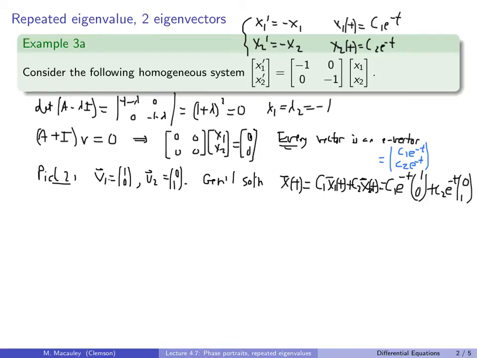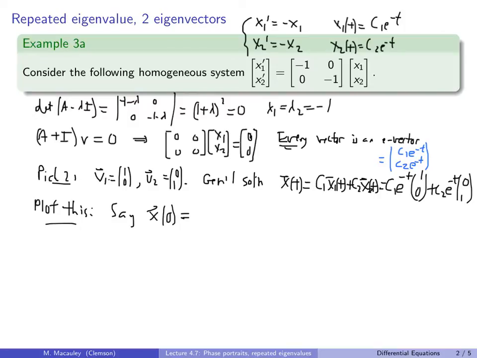Okay, so let's plot this. Let's do the phase portrait. Let's say that our initial point in the phase portrait is, well, if you plug in 0 into here, x of 0, you get c1, c2.